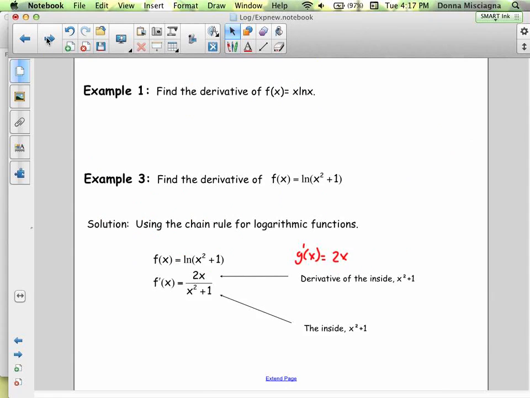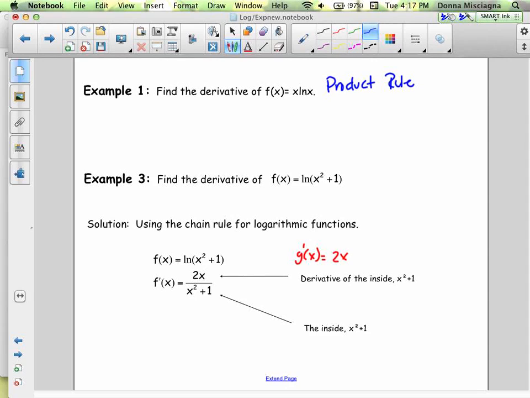All right, here's our next one. We want to find the derivative of f of x equals x ln x. So we do have a product rule. Remember the derivative of a product: if we have a product, its derivative is the first times the derivative of the second plus the second times the derivative of the first.